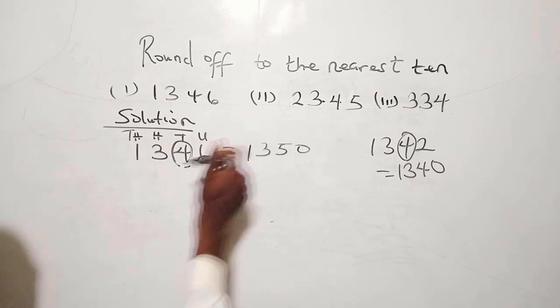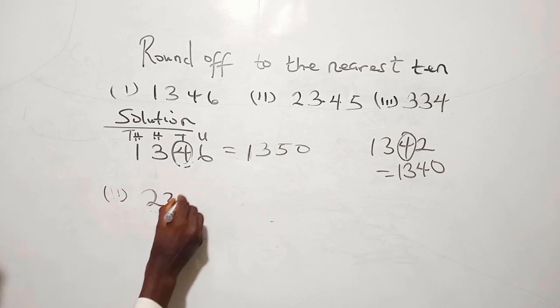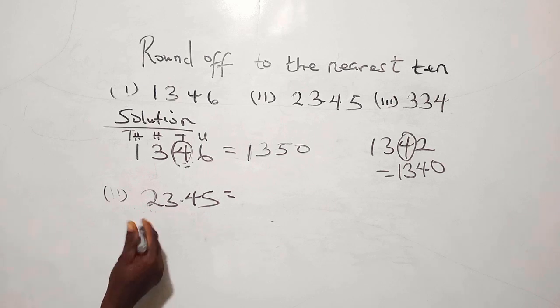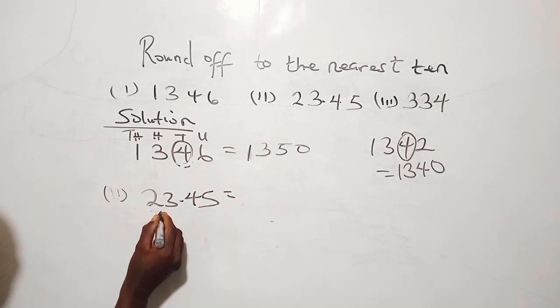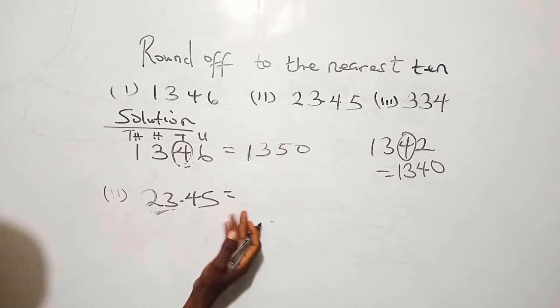Number 2, we have 23.45. So how do we do this to the nearest 10? When you look at this, the 2 numbers that come before the decimal point are the whole numbers, while the others are the decimal numbers.